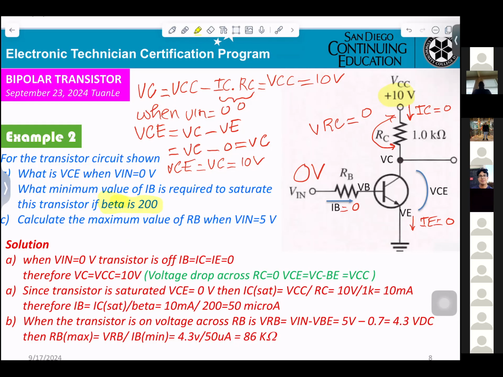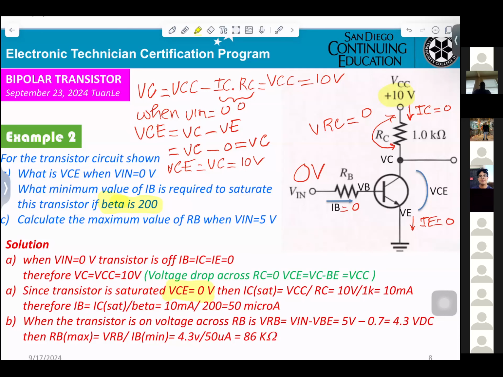Now, see what they're telling you here. Since the transistor is saturated, we already know VCE equals 0, like we just talked about. If saturated, VCE equals 0.